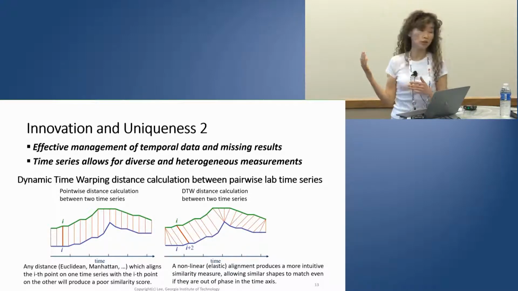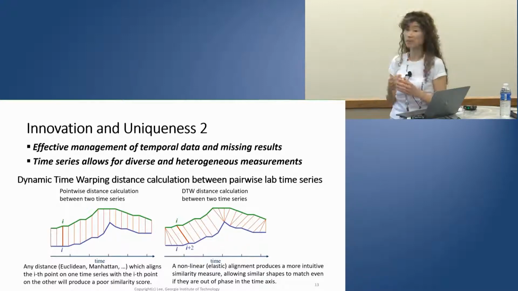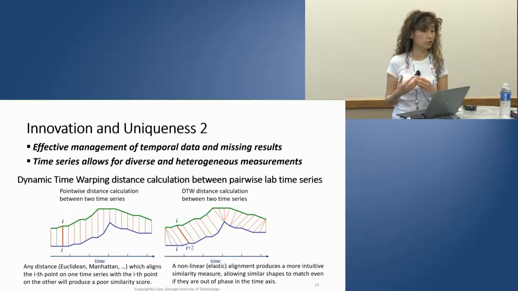Or you would do the nonlinear, what we call elastic alignment. Elastic alignment allows you not to look at the timeline so strictly, but to look at the trend of these individuals over a period of time. And so that becomes very significant in terms of the result.